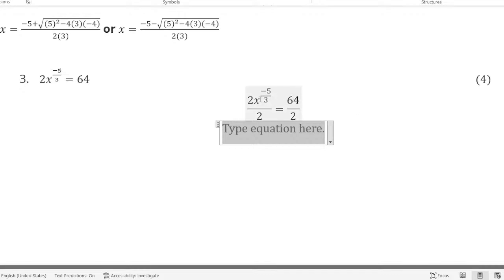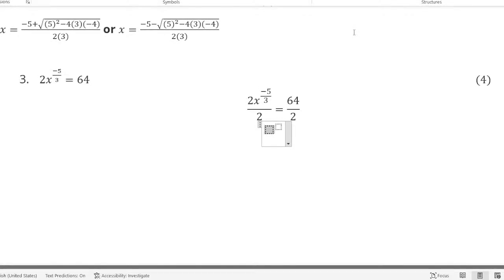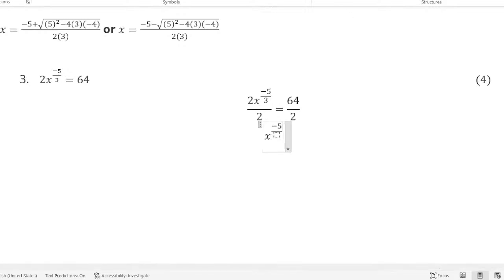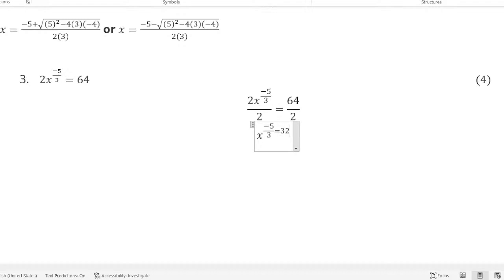So 2x to the power negative 5 over 3 divided by 2 will leave us with x to the power negative 5 over 3. On the left hand side, we're left with x to the power negative 5 over 3 is equal to 64 divided by 2, that will be equal to 32. Perfect.